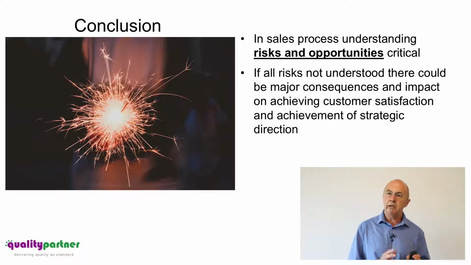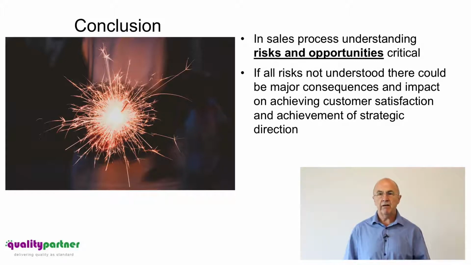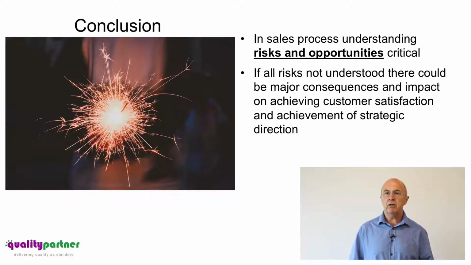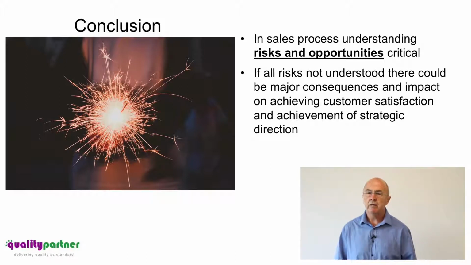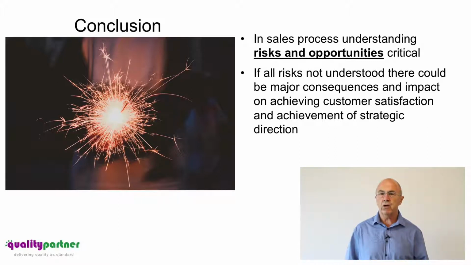This is absolutely critical in making a successful transition from ISO TS 16949 to IATF 16949. If all risks are not understood, there could be major consequences and impact upon achieving customer satisfaction and achieving the organisation's strategic direction. So I think the sales process plays a critical role in making sure that if you're going to take on board new business, you're doing it in a very structured and controlled way, fully understanding all the risks and opportunities within the process.